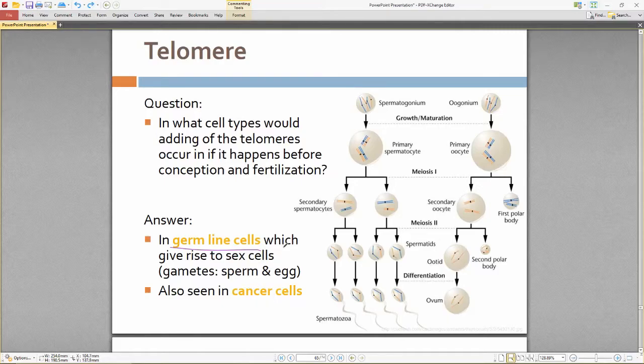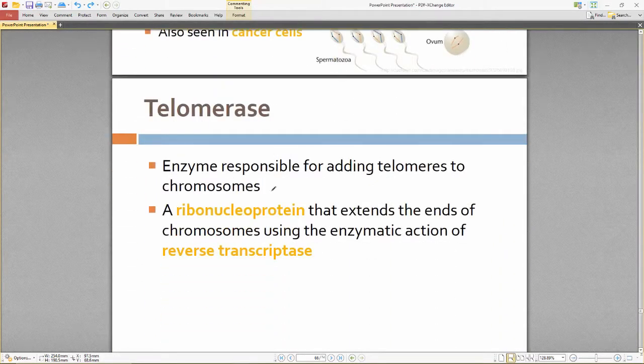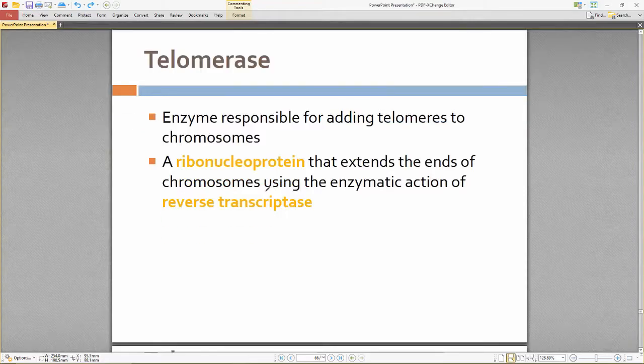There's a specific enzyme that adds your telomeres, and that enzyme is called telomerase. Telomerase is a ribonucleoprotein that extends your chromosomes using reverse transcriptase. You should be familiar with the term reverse transcriptase, but we'll go through it.